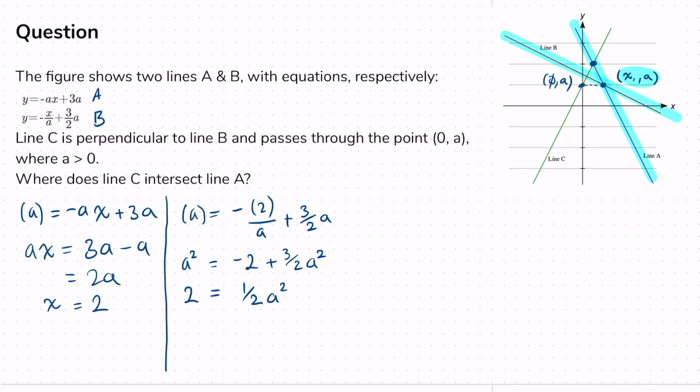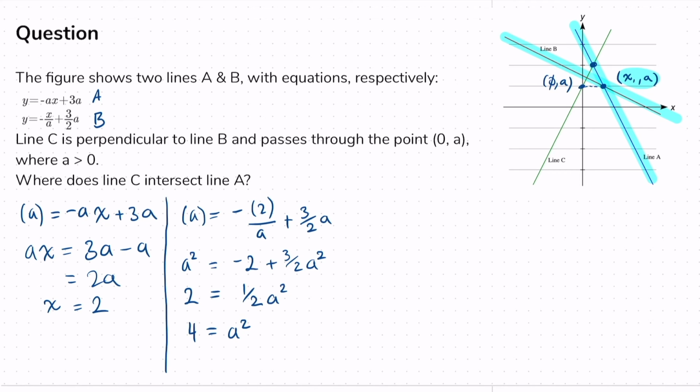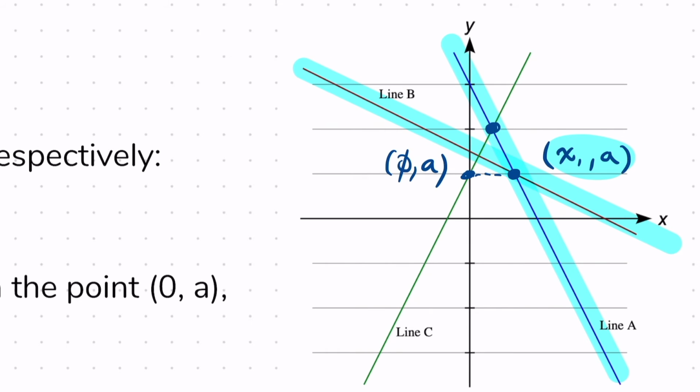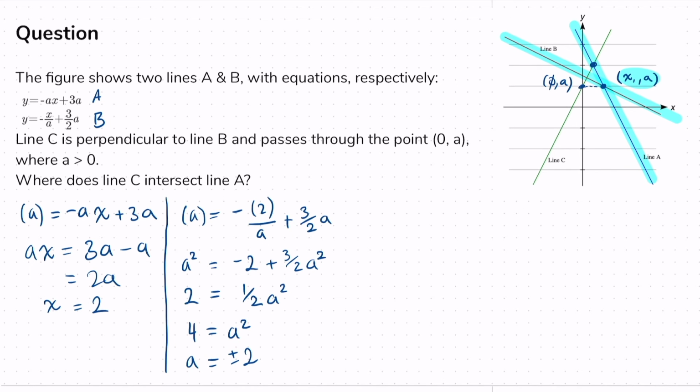Divide both sides by half, gives me 4 equal to A squared. So the square root of 4, A is equal to plus minus 2. And obviously looking at our graph up here, we can see that it's definitely positive. All right, so we can ignore the negative. A is equal to 2. Okay, like I said, super complicated.